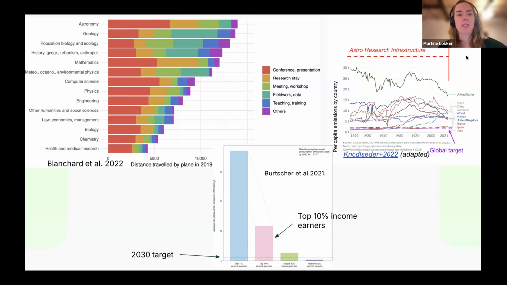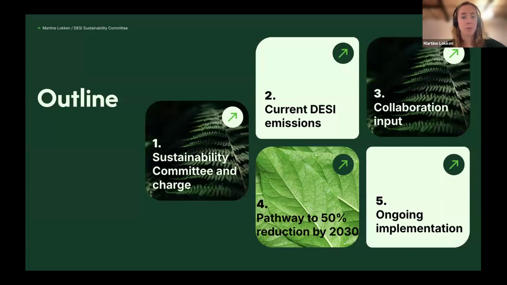All right, so given all of this, I think we all agree we have a responsibility to act here. With that motivation, and also with higher level motivation coming from the previous Biden administration, the DESI Sustainability Committee was created. There was this Biden era charge that federally funded organizations should reduce their emissions by 50% by 2030.